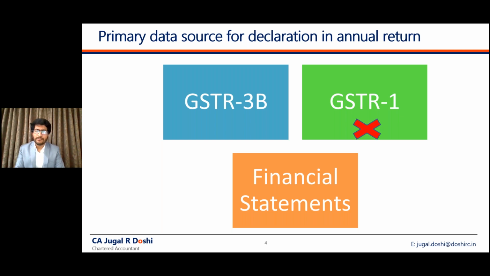So I would give an example. If as per my financial statements my total output liability is 3 crores, I am going to ensure that as per my GSTR9, my total liability is 3 crores only, because financial statements are my primary data source for GSTR9.